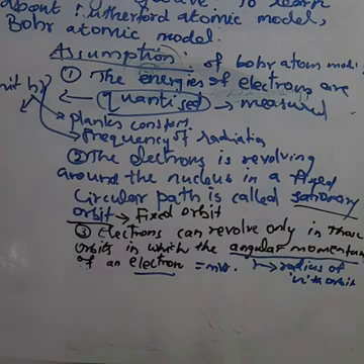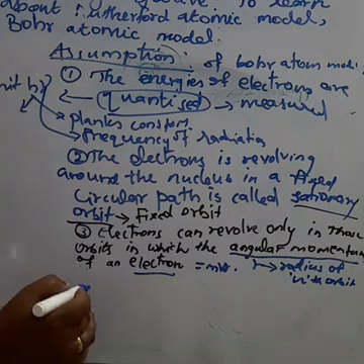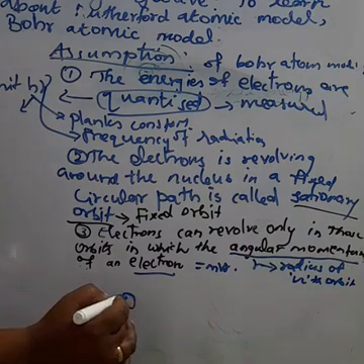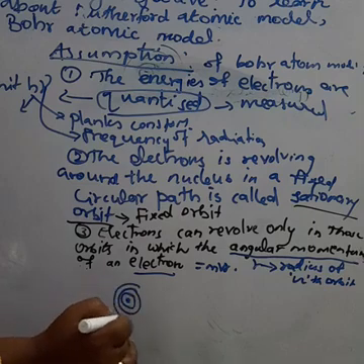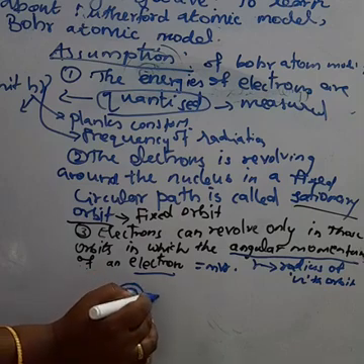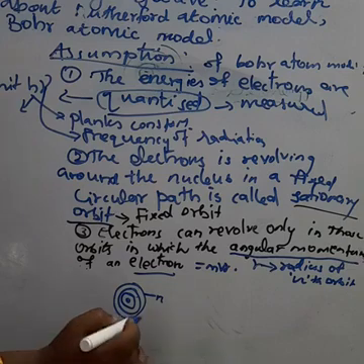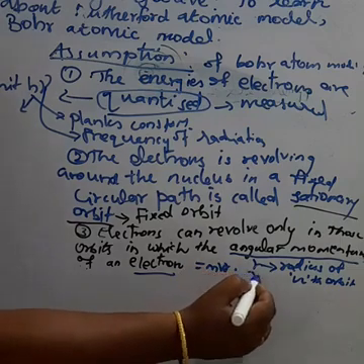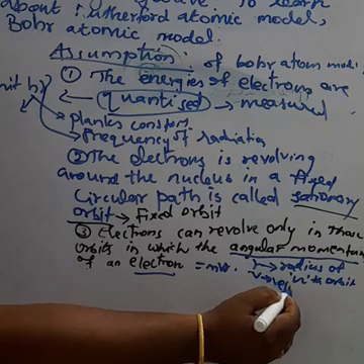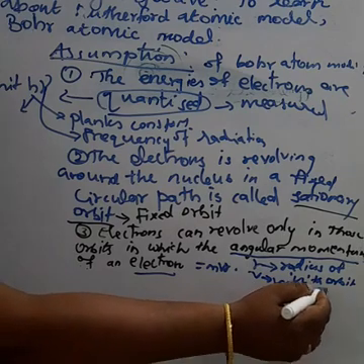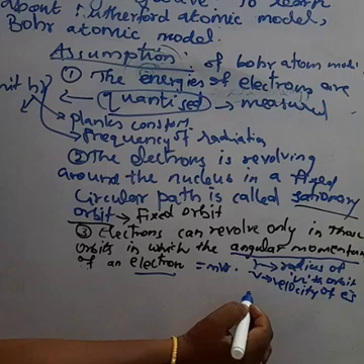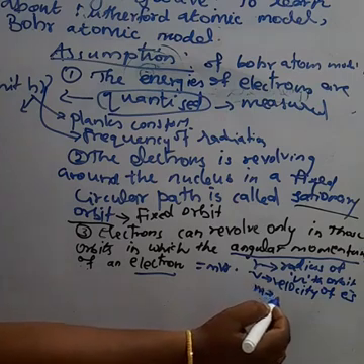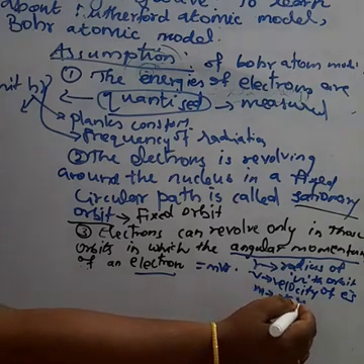You know about orbits: K orbit, L orbit, M orbit. We indicate this orbit by n. R means radius of nth orbit, V means velocity of electrons, and M means mass of electrons.